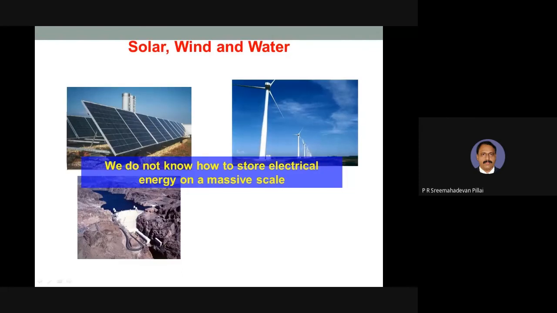Wind has got some advantage. Wind doesn't need that much space. I told that in Ahilya we are having a 500 kilowatt solar power plant, for which around 2.5 acres of land is taken. Whereas we are having 8,400 kilowatt wind energy, which is contained in 4 windmills.